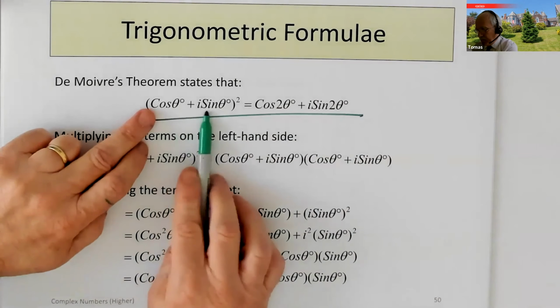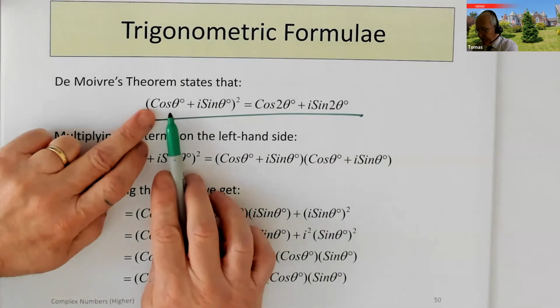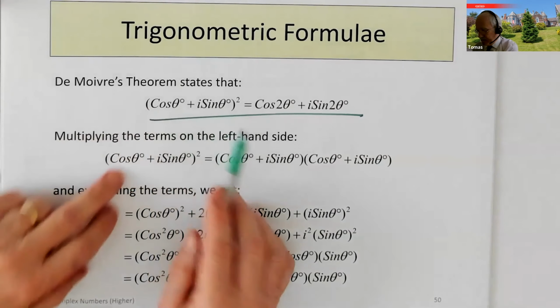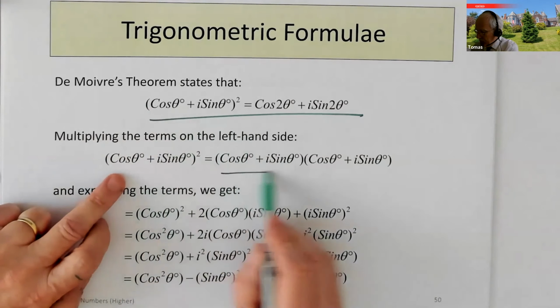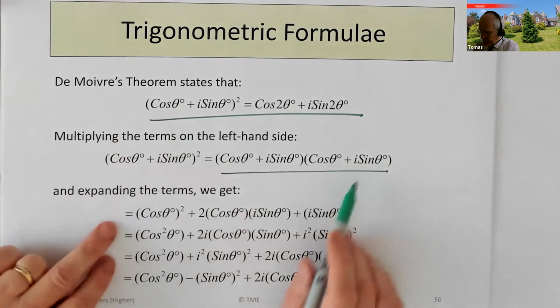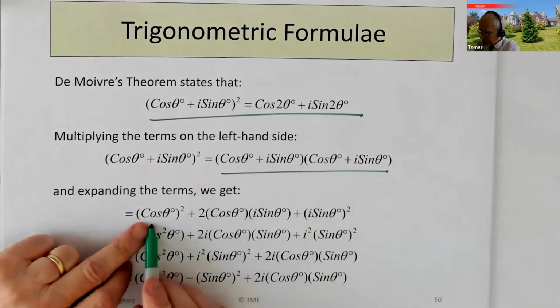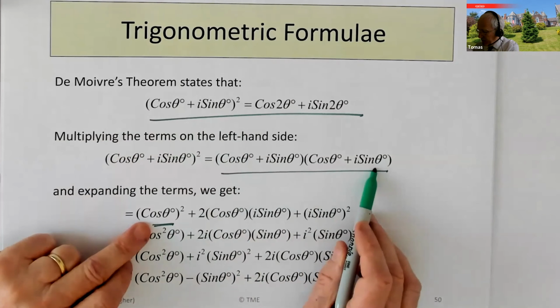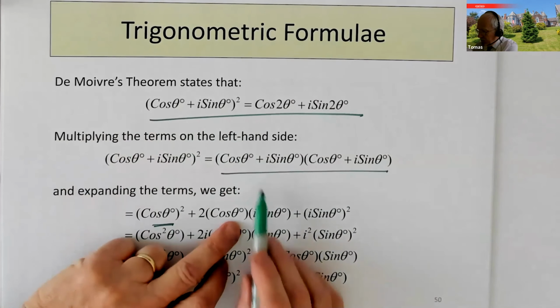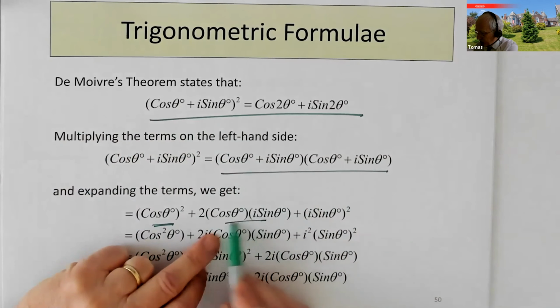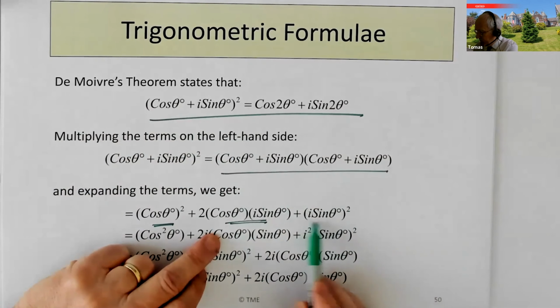I'm going to expand this using the FOIL method: first, outside, inside, last. So that's multiplying it out, and here are the terms. Cos by cos is cos squared, cos by sine is cos sine, there are two of those, and then the I by the I gives us I squared.